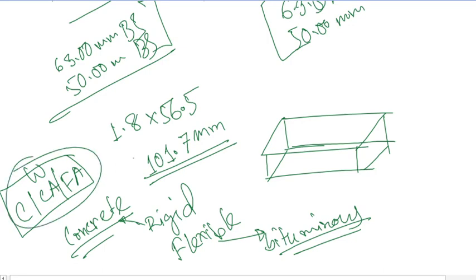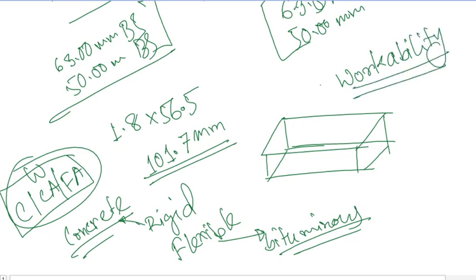And while blending, there is a term, you know, workability. Whenever we are working with concrete, this workability is expected. If you cannot mix it properly, you will say this is less workable concrete.